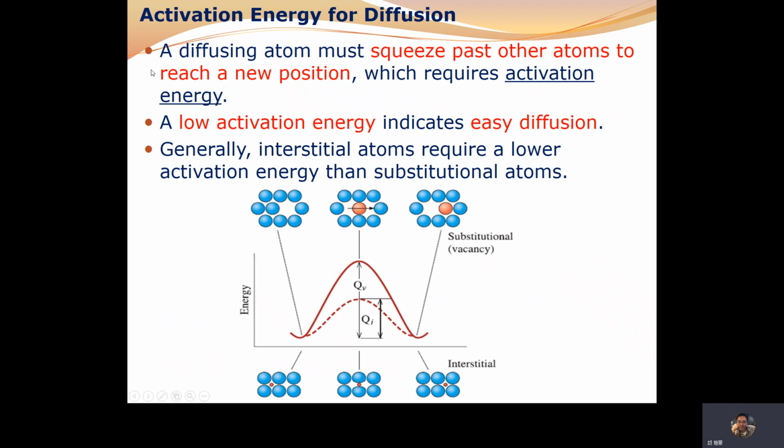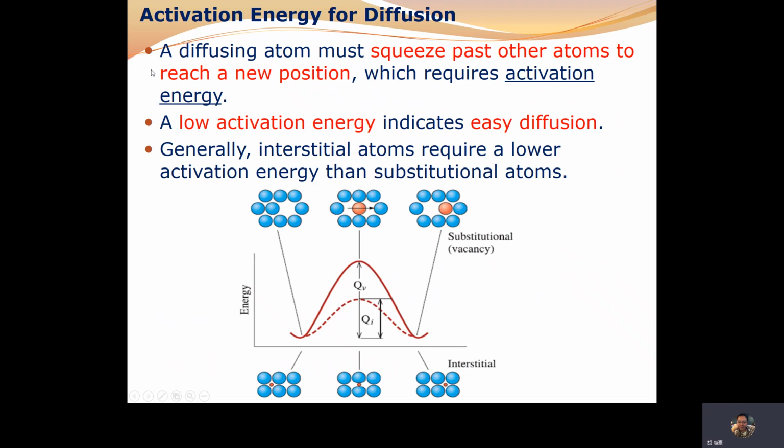A diffusing atom must be squeezed past other atoms to reach a new position, which requires activation energy. A low activation energy indicates it is easy to diffuse. One obvious example is temperature. Some diffusion can occur at low temperature, and some diffusion processes need very high, elevated temperature to trigger.